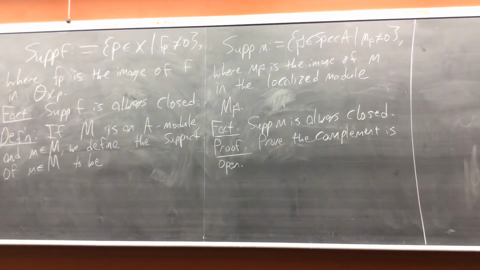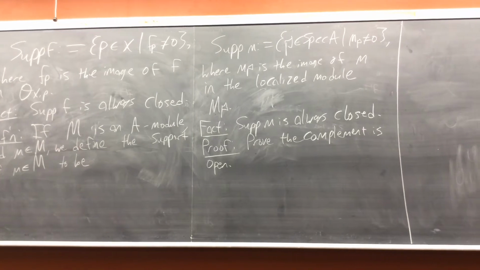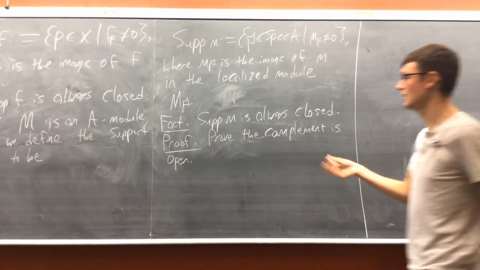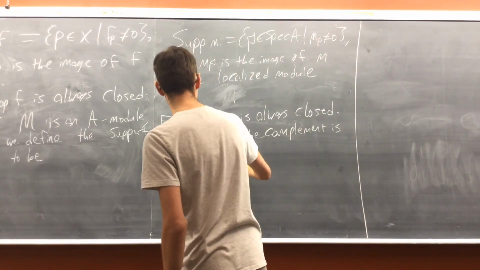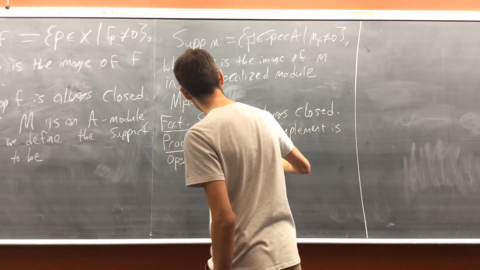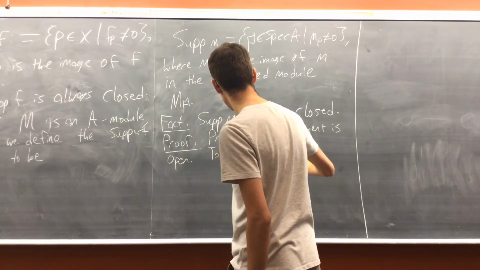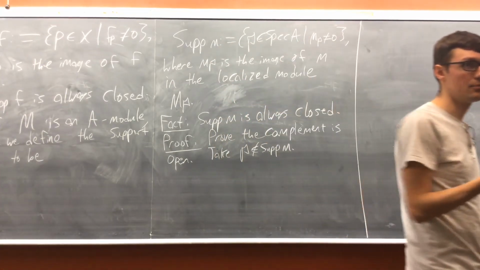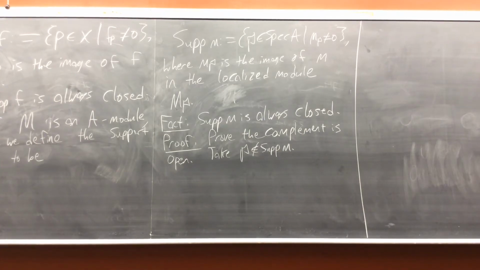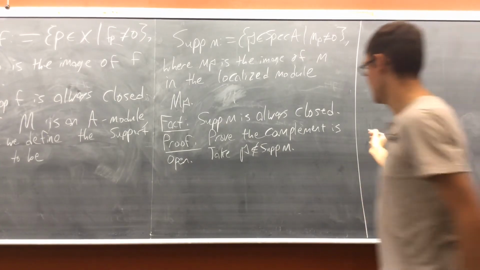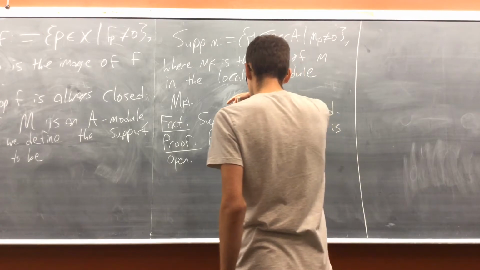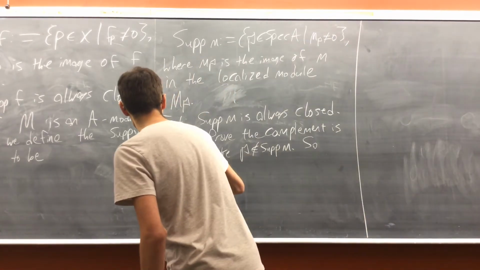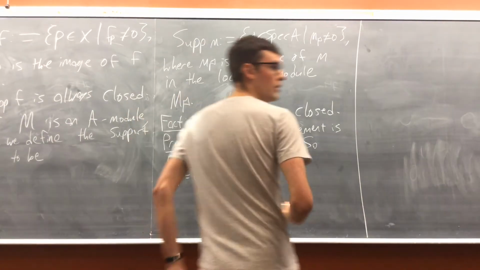Okay. So yeah, we want the complement of this to be open. So just take any prime ideal P not in the support of m. And I want to find a neighborhood of this, also disjoint from the support. Okay. So if you unwrap the definition, we know m_P has to be 0.